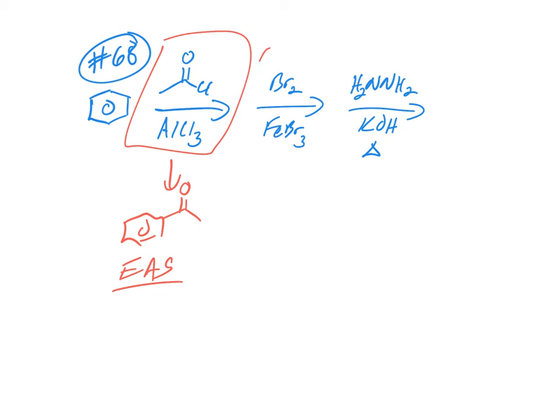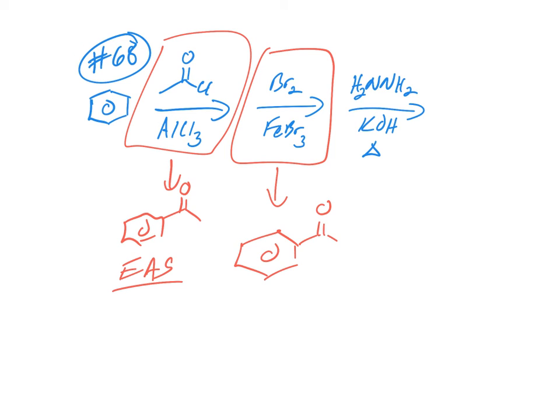What's this next reaction going to be? It adds a bromine, but it's an electrophilic aromatic substitution. So where is it going to add? Well, we look at the carbonyl, a ketone. Is that electron donating or electron withdrawing? Withdrawing, so it's going to direct meta. I want to know, do you understand electron withdrawing and electron donating groups?